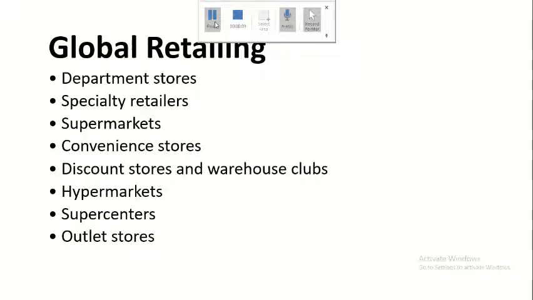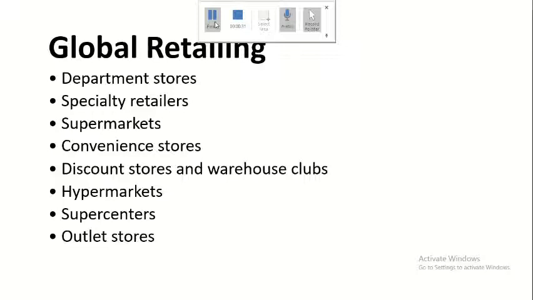Global retailing. Global retailing is the concept of selling products, for example goods or services, across the geographical boundaries of a country to consumers available in different parts of the world to attain global presence and recognition and to capture the opportunities in potential overseas markets.